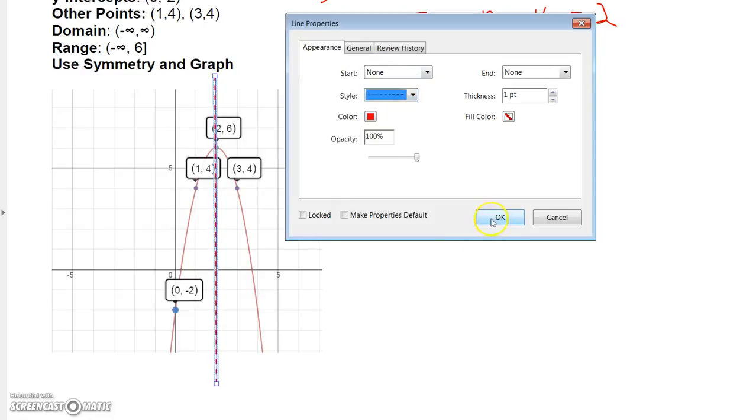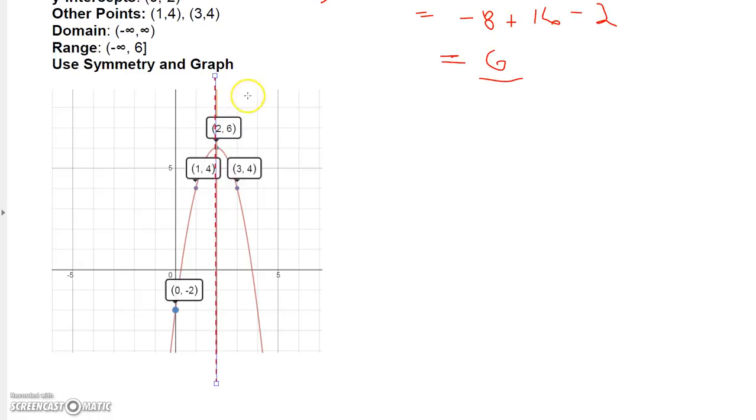Again, I don't want you to think that it's part of the graph. Then I would label this point right here, this would be my vertex, the point (2, 6). So I would count 2 to the right and up 6, and that's my vertex.